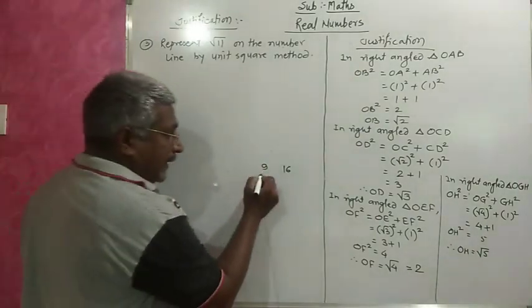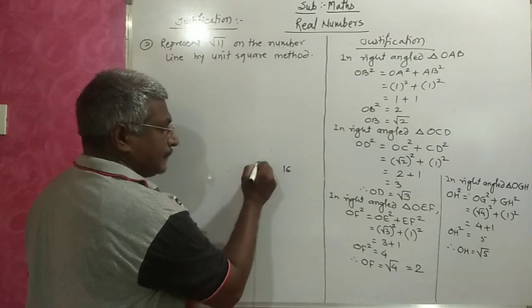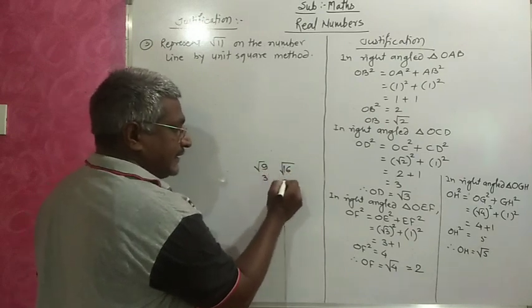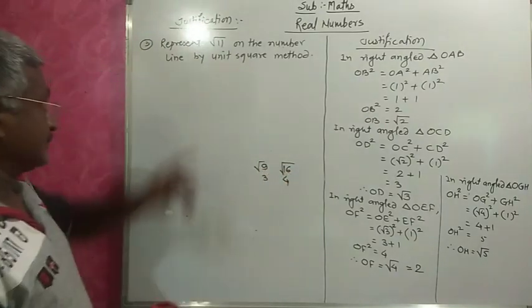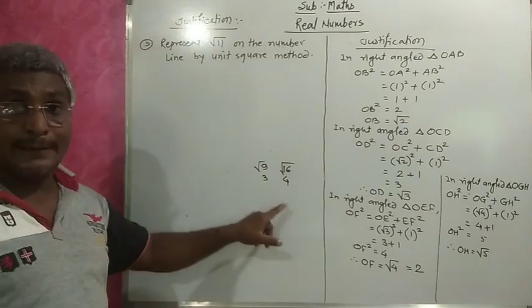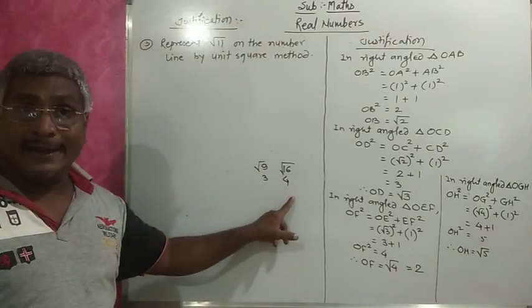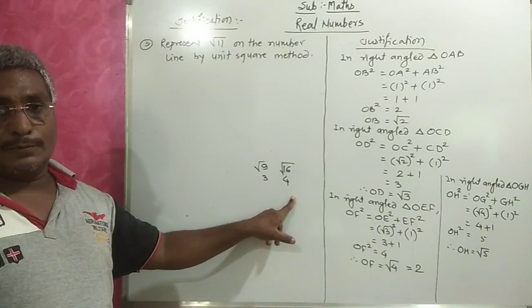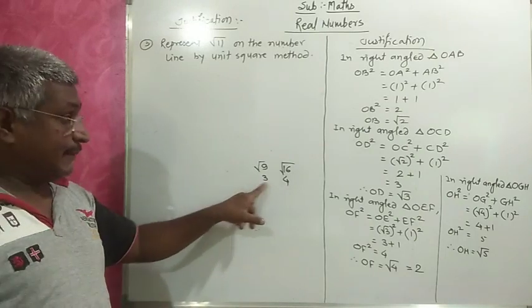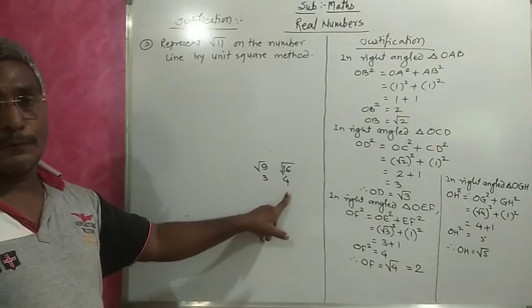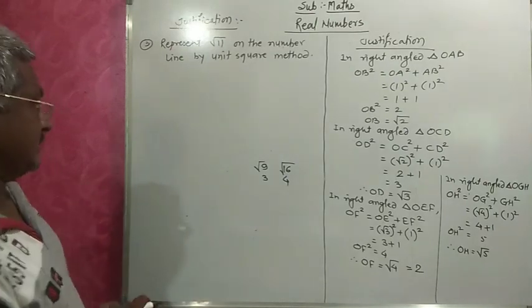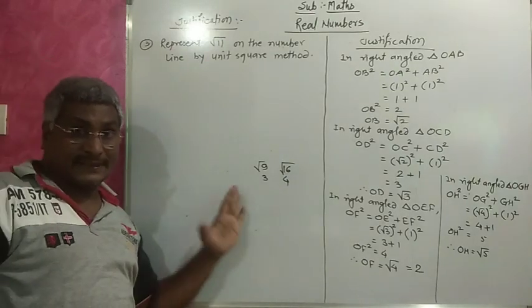So square root of 9 is 3 and square root of 16 is 4. Means root 11 will lie in between 3 and 4. So first we decided where it is coming.